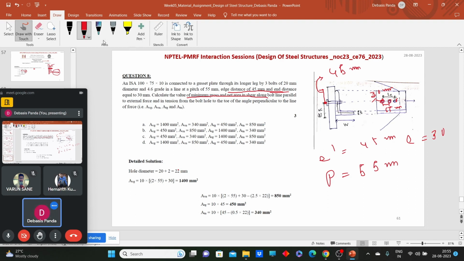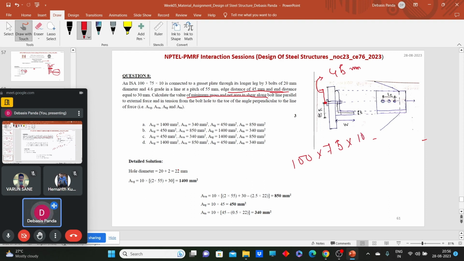Okay, so let me draw this in a bigger picture so that we can have a better understanding. The problem says we have an ISA, Indian Standard Angle Section of 100 into 75 into 10, where 3 bolt holes are there.